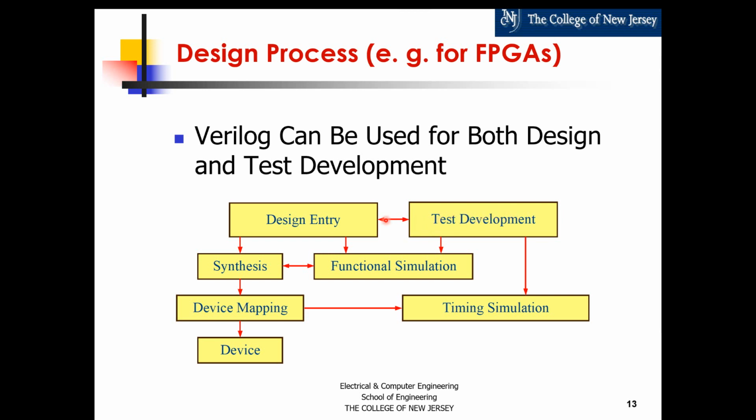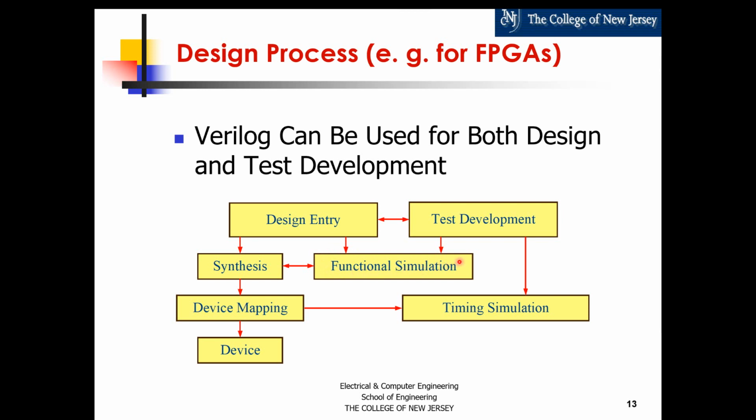You want to be able to test all the features that you're putting in here and know that what you are capturing is what you meant to capture. Beyond not having a syntax error, we're talking about actual functionality issues. So you would use your test bench and your design description in a functional simulation.